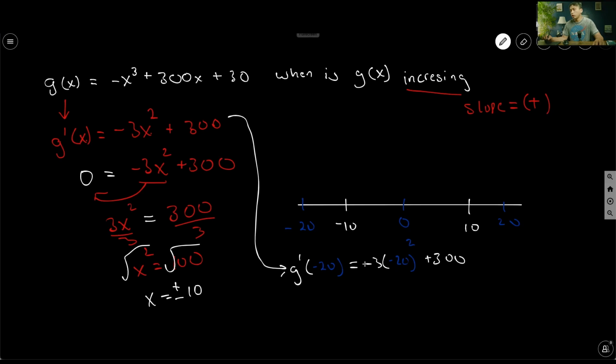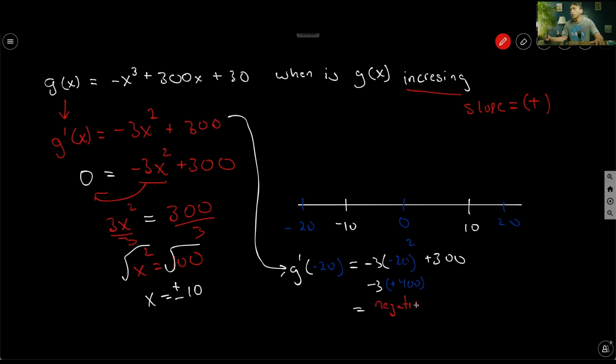We don't necessarily need to do the math, just look at it and see what it's going to turn out. Minus 20 squared is positive 400, because it's squared, but then you have a minus 3. So this is a really big negative number. So the slope here is negative, and that's not what we want.